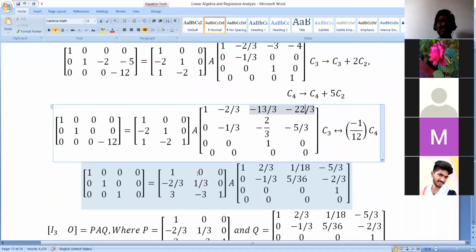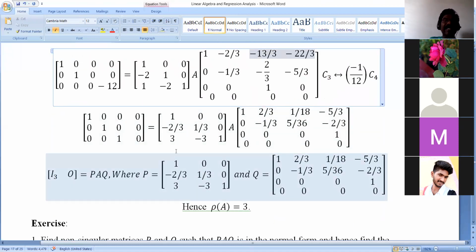Now we want to reduce the remaining entries, that is, C3 and C4 are interchanged, multiplying with minus 1 by 12.